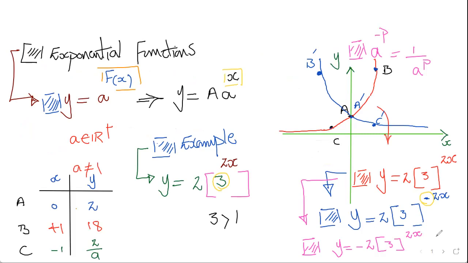Then as a result, you see that the red function, which is the parent function, is going to be simply reflected with respect to the x-axis. For example, B is going to have B prime here. A is going to be reflected here because now the x-axis is the mirror, and C is going to be here. Everything sees the image of itself with respect to the x-axis, and you connect them the way we have done.